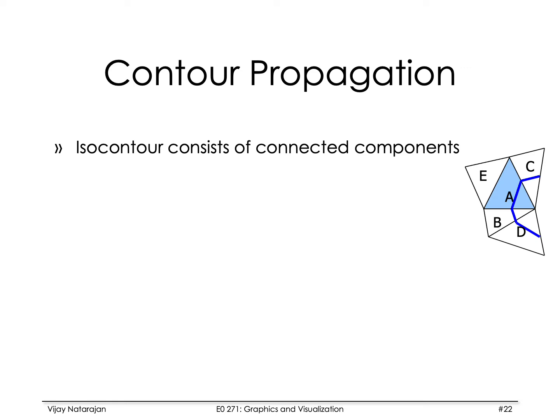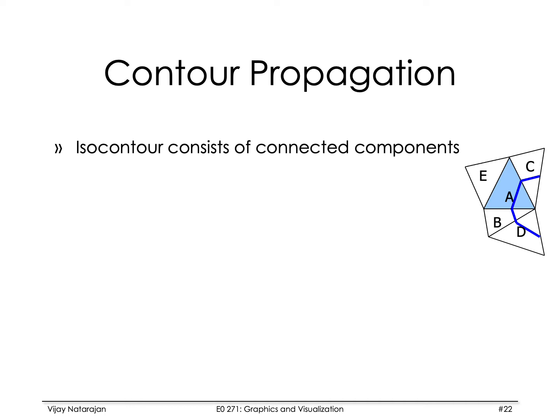So here is a two-dimensional domain, a section of which is shown here with multiple triangles A, B, C, D, E. And we have a scalar function that is not explicitly shown, but what you see is a section of the isocontour for this function that passes through some of the triangles.